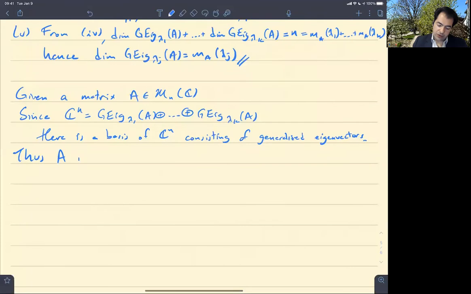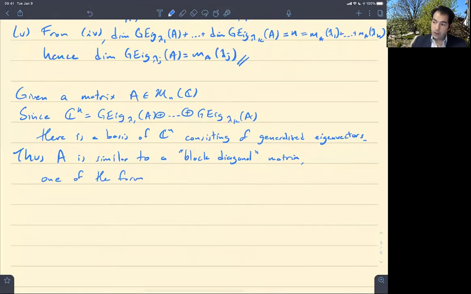you'll find that A is similar to a block diagonal matrix. Right? So something of the form, you'd have A1, A2, and so on up through AK, and zeros everywhere else.